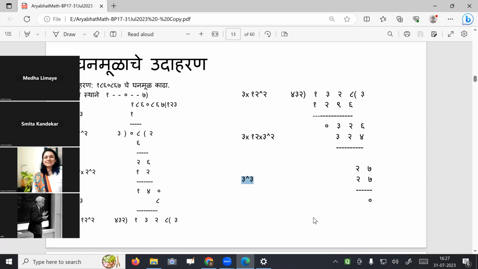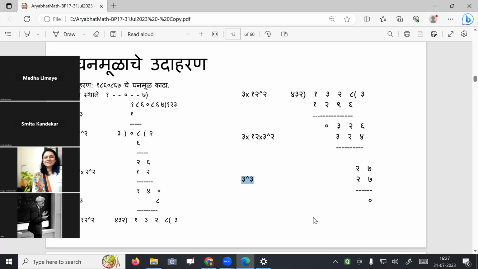Then you subtract b raised to 5. If you get remainder 0, then the original number is a perfect fifth power and you are done. Otherwise, you will go ahead.